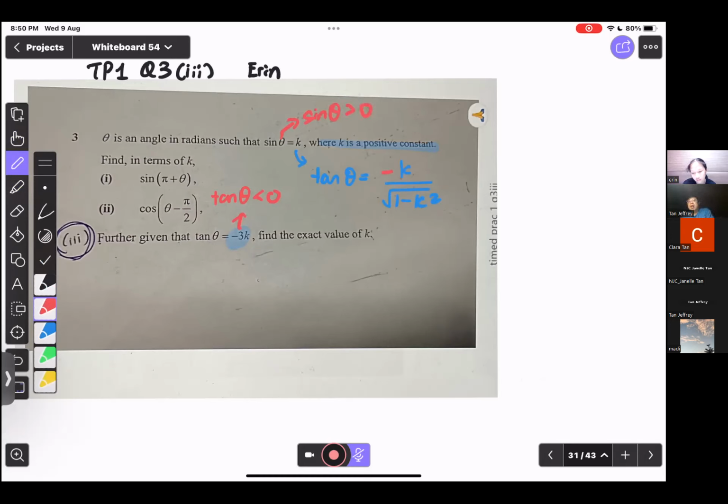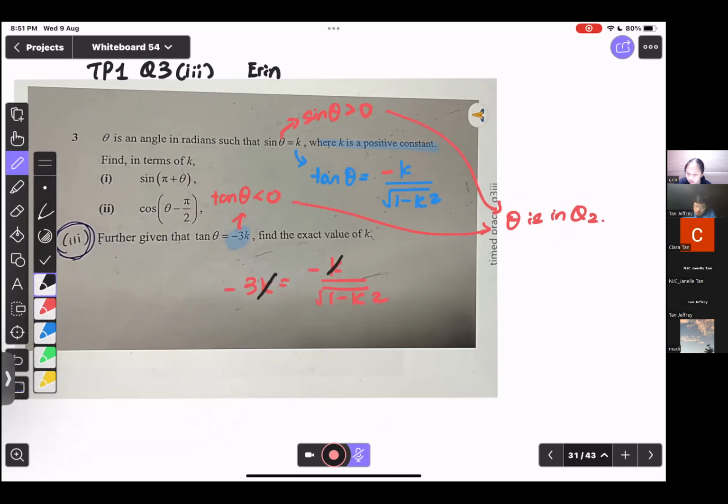So theta is in the second quadrant, because sine is positive and tangent is negative. These two point to theta being in quadrant 2.